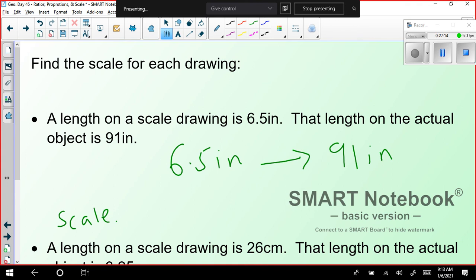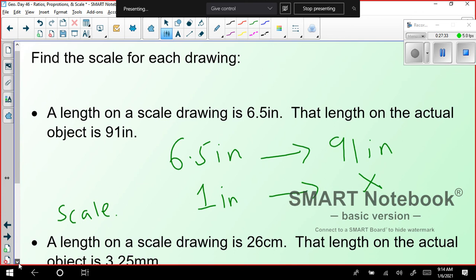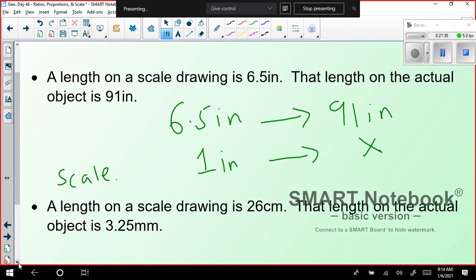I just want to know on the scale, 1 inch of scale drawing is how much in reality. This I don't know, and I'm finding the value of x. So same way you can cross multiply and get the value.